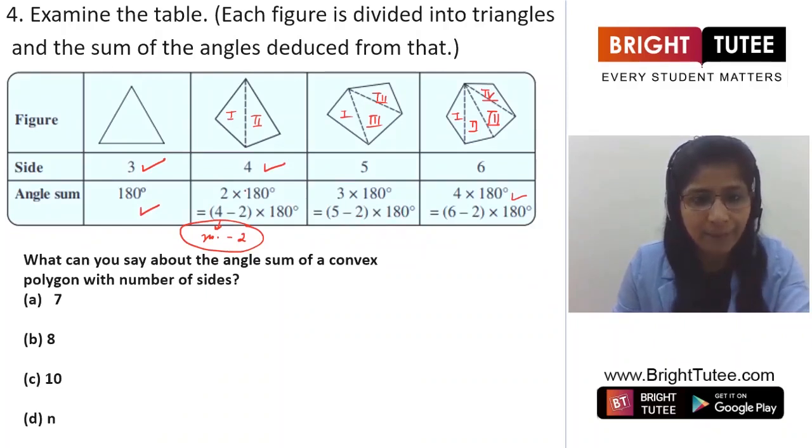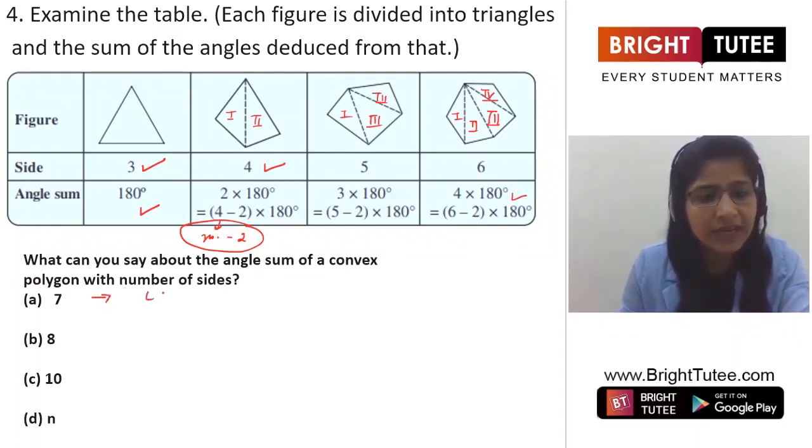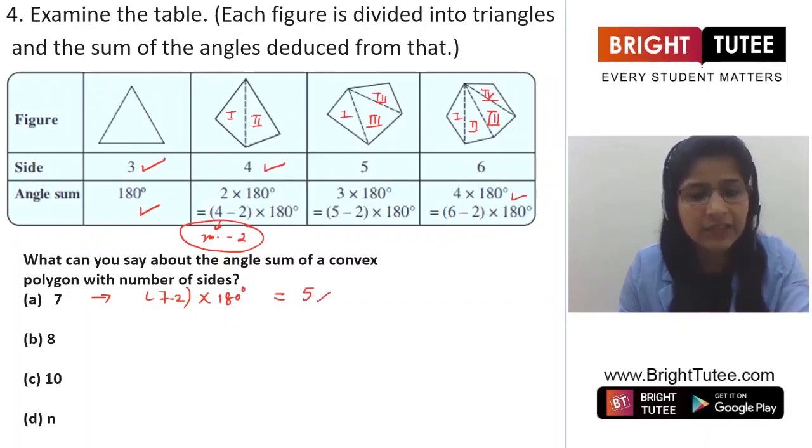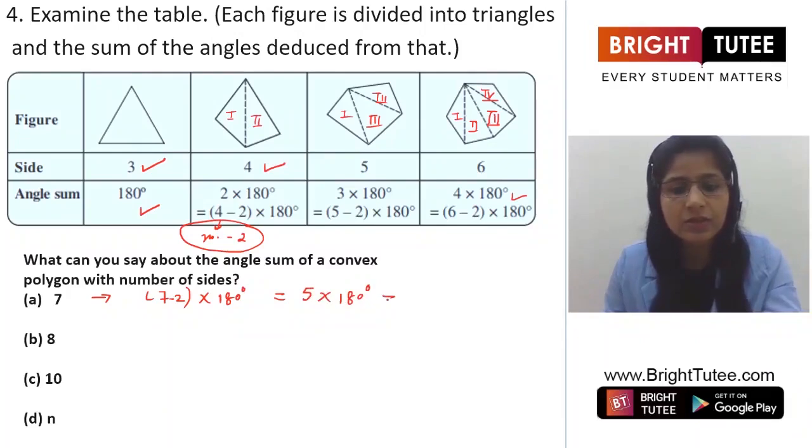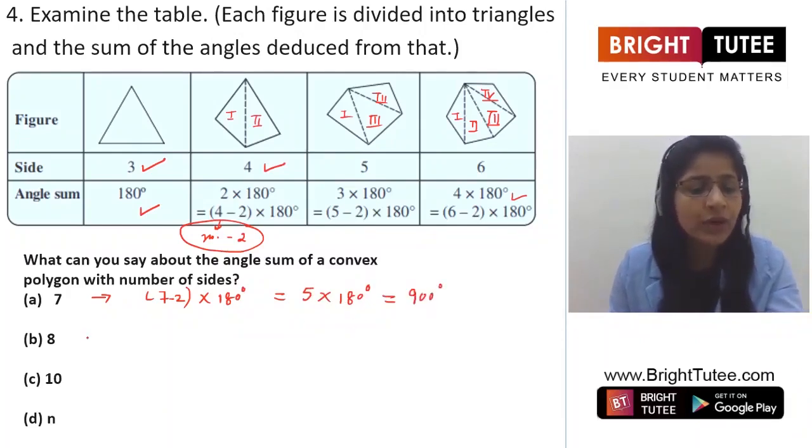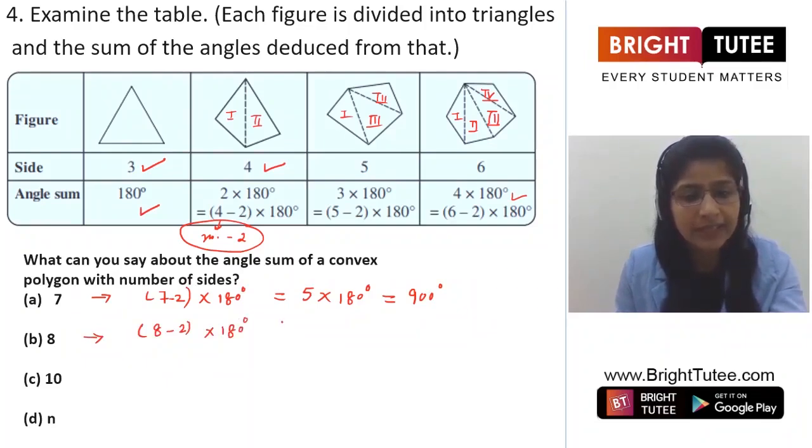Now they're asking, what can you say about the angle sum of a convex polygon with the number of sides 7? If the number of sides is 7, we will do 7 minus 2 multiplied with 180 degrees. That will give us 5 multiplied with 180 degrees, which is equal to 900 degrees. Now if the polygon has 8 sides, it will be 8 minus 2 multiplied with 180 degrees.